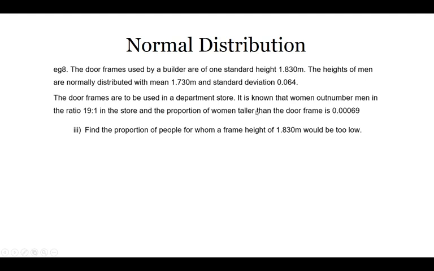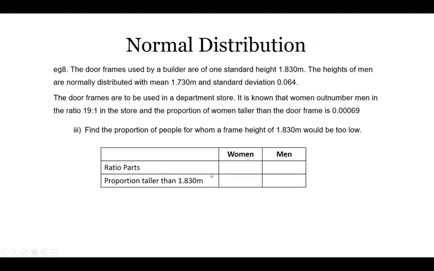We've got information that they've given us and information that we worked out in part 1. So I'm going to just summarise that in a little table. For the women, we know that there are 19 out of 20 of them, and their proportion is 0.00069. And the men, there is only 1 out of 20, so one of our ratio parts, and this bit was the value we worked out in part 1.